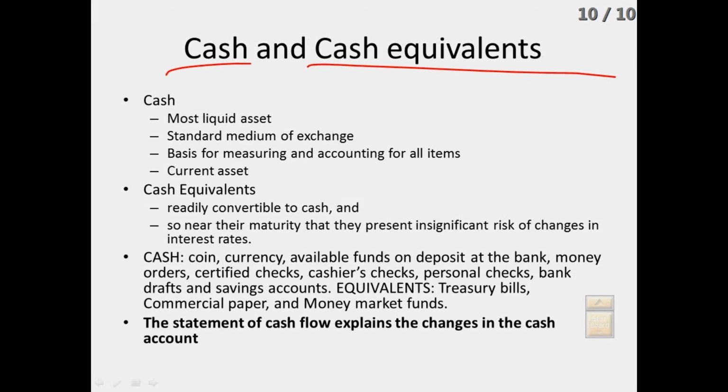Cash equivalents are things that will be converted to cash within 3 months at most, and often even less. They also have to have virtually no risk. So what are the things included? Well, treasury bills, which are loans to the government. Commercial paper, which is loans to AAA rated companies.